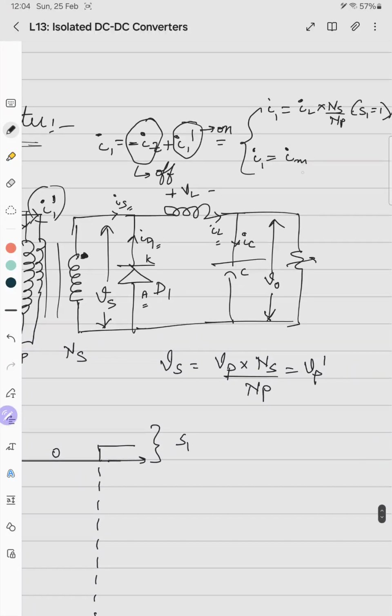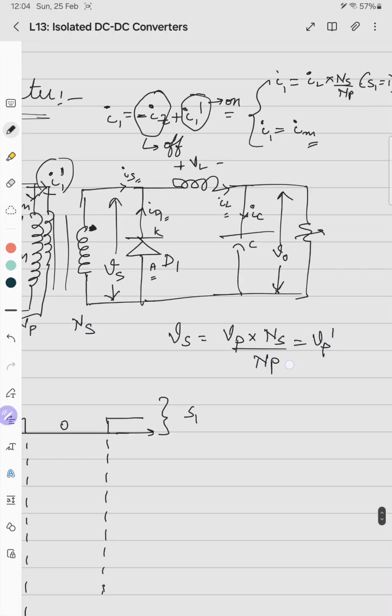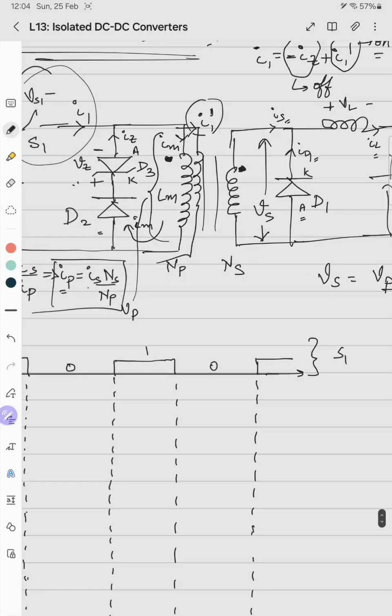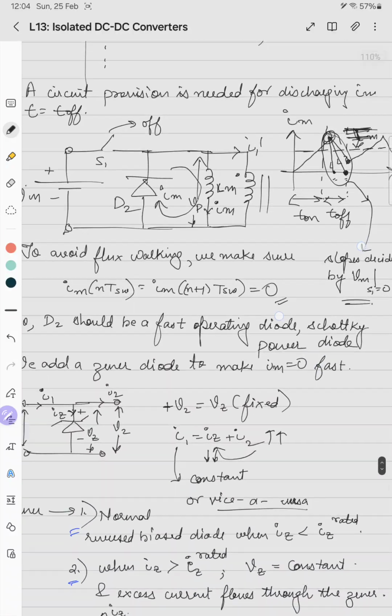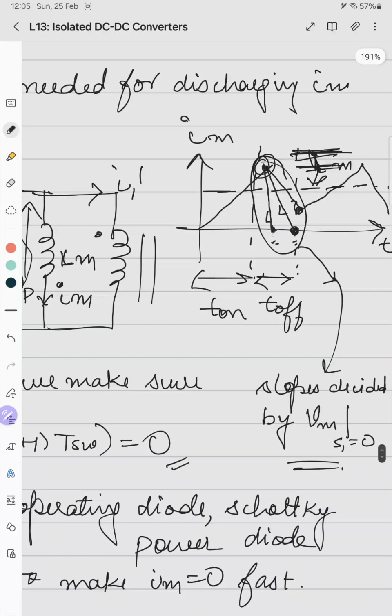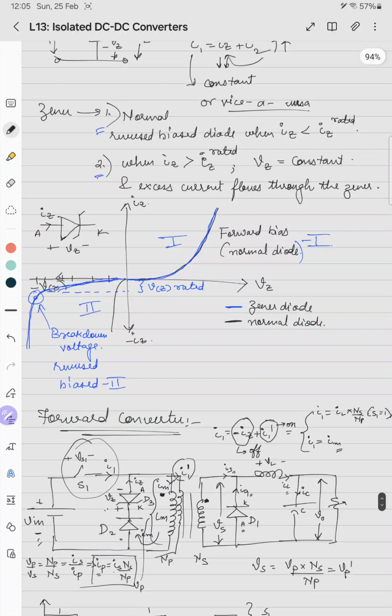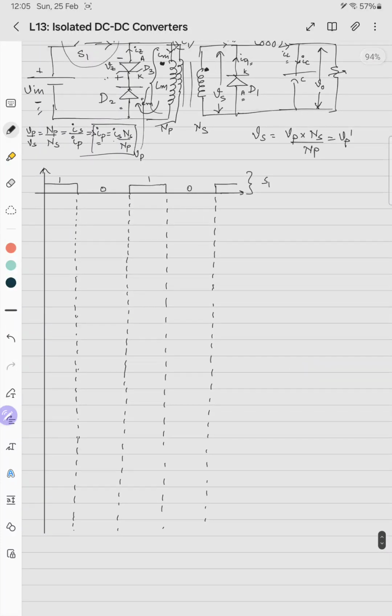So for this equal to IM, we'll first draw the IM current. This should be the start point of this. Basically, our aim in adding a zener was to have a margin. So this is called the margin. IM is discontinuous in nature. We'll draw IM quickly.